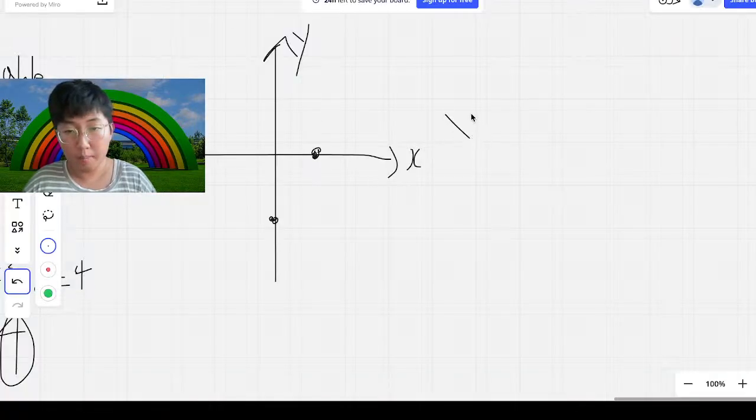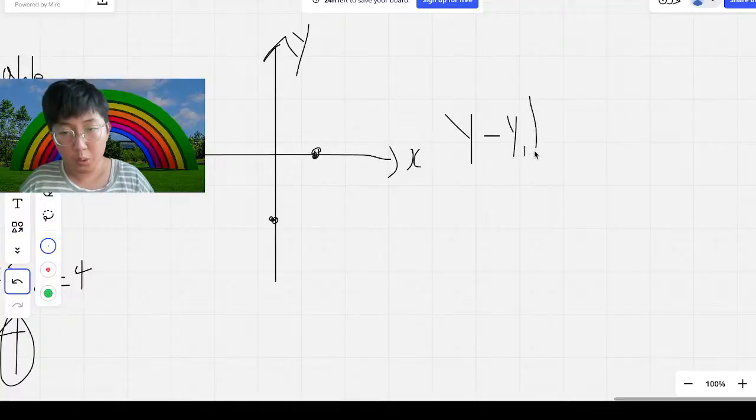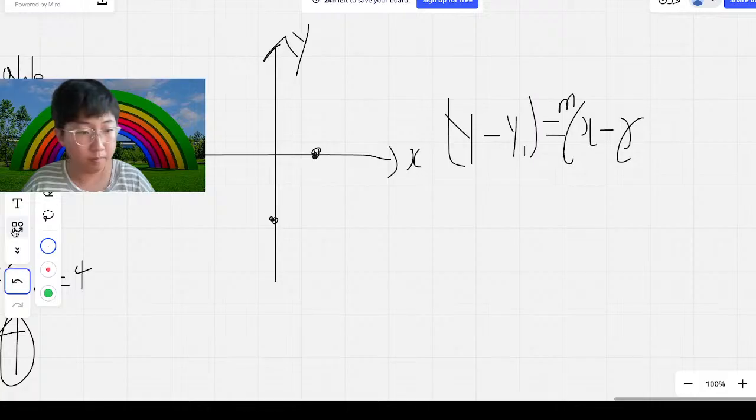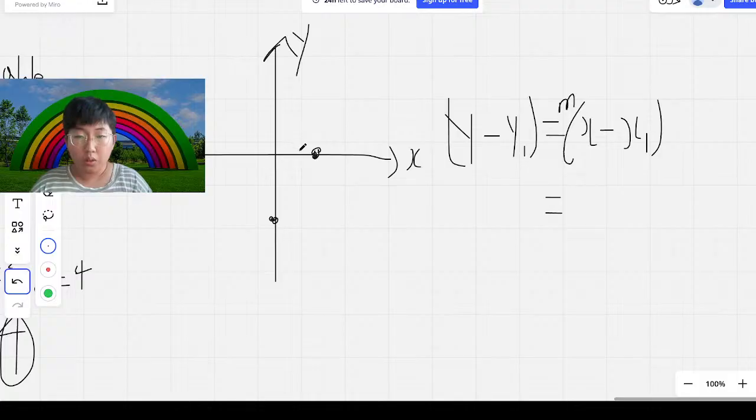So y minus y1 is equal to m of x minus x1, right? That was our point gradient form. So then let's say we had this point.